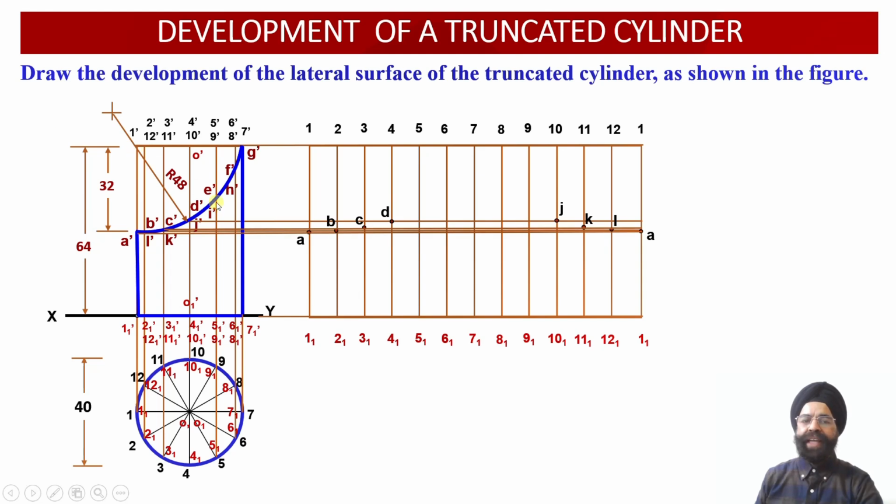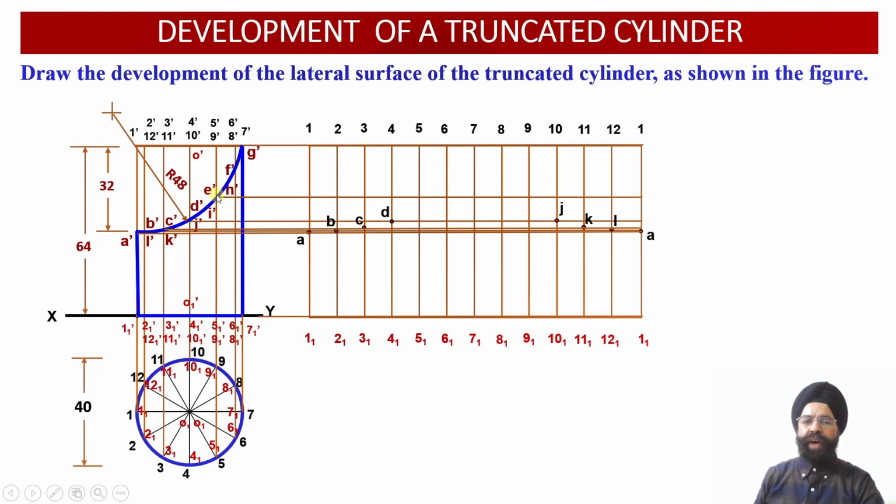Now the next 2 points of intersection of the cutting plane with the vertical generators 5 dash 5 1 dash and 9 dash 9 1 dash happen to be E dash and I dash over here.